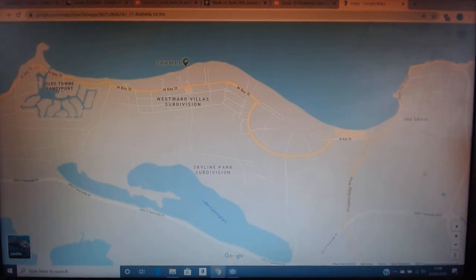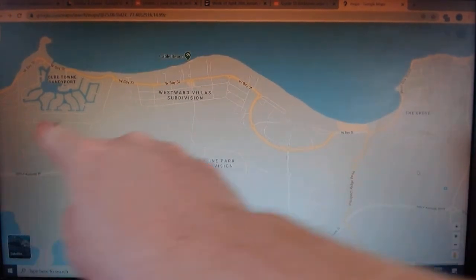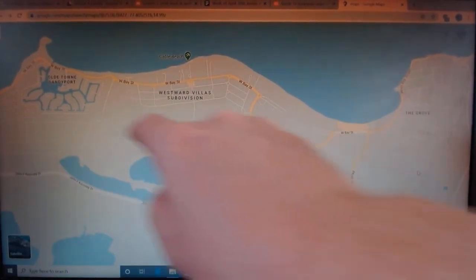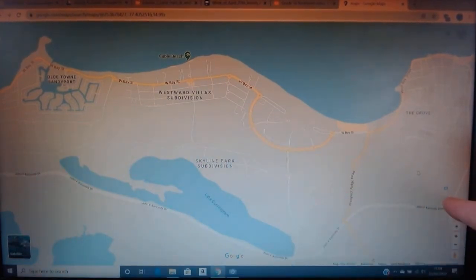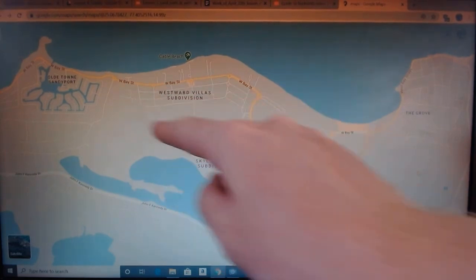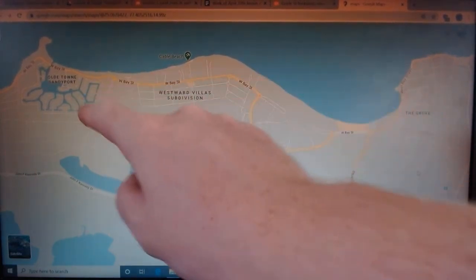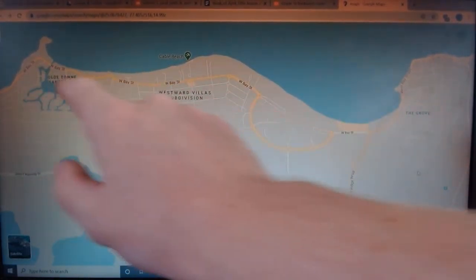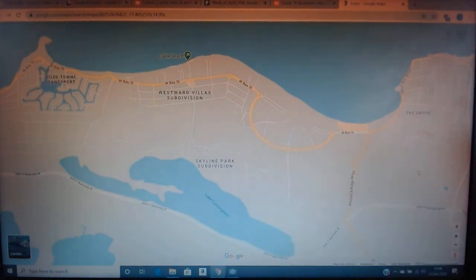Now, we know we've got a ridgeland that runs along in here. We've talked about that already. It runs the whole length of the north side of New Providence. In here was all swampland, and where Sandyport was, all swamp. But then we reclaimed that land. It got very shallow. We filled it in with sand and cement and soil and whatever else, and have built on it. Then we've got our ridgeland, and then we've got Lake Cunningham.